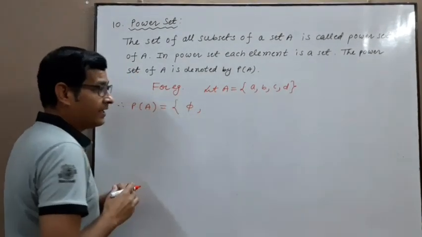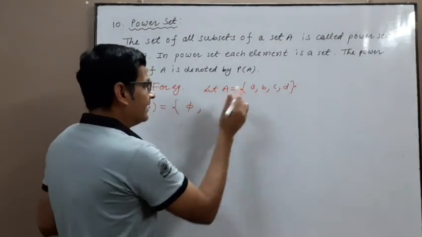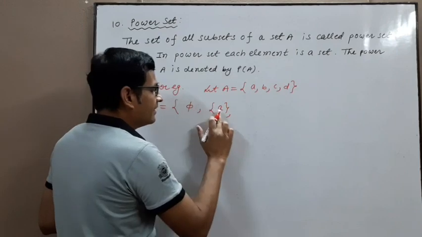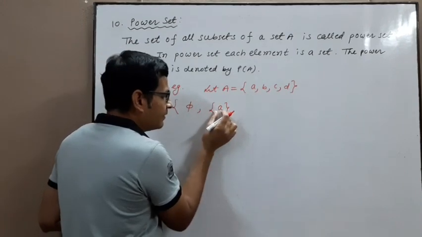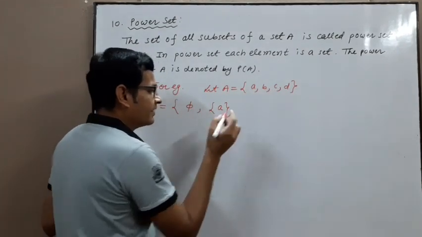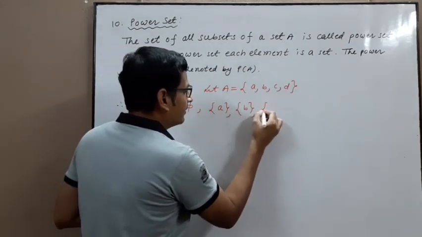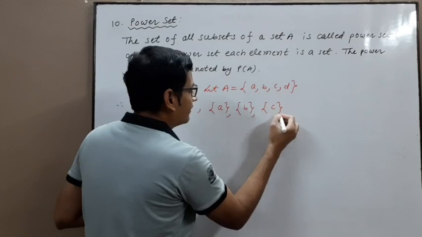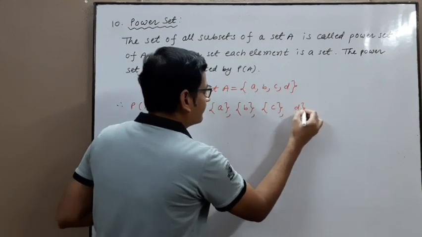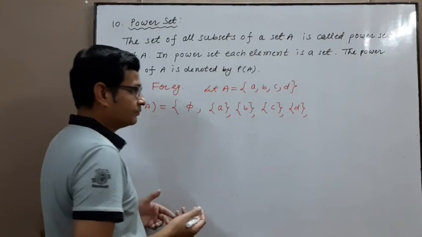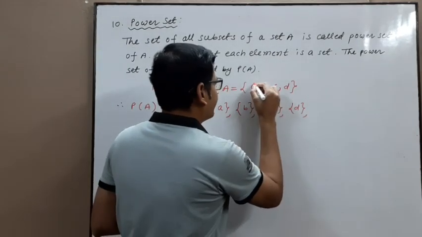So first take phi. Now take single elements. {a}. Clearly this is a subset of A because every element of this set is also an element of A. Now {b}, {c}, {d}. Now take pairs of 2. {a, b}.